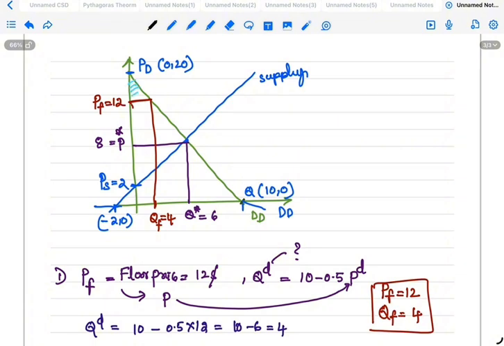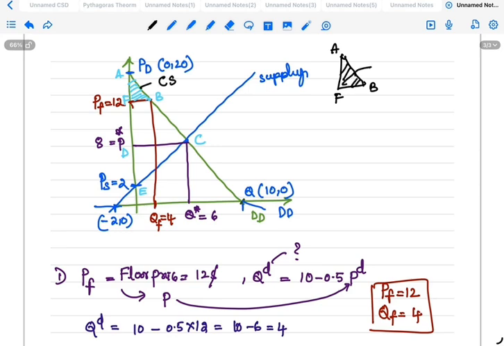So this area, this triangle, A, B, C, D, and E. This blue area is A, B, C, D, and F is there.